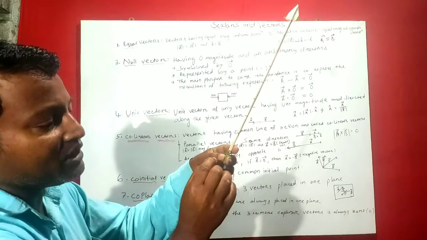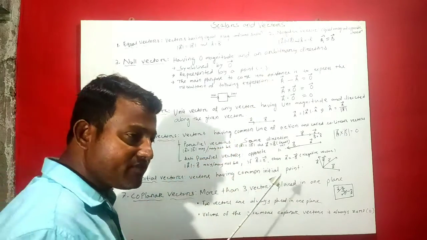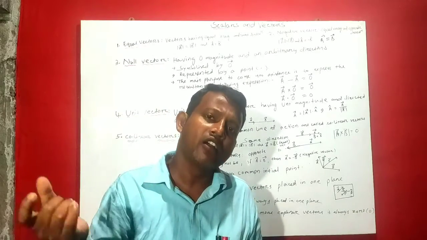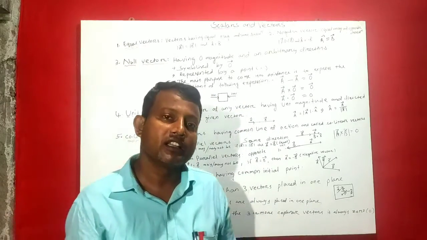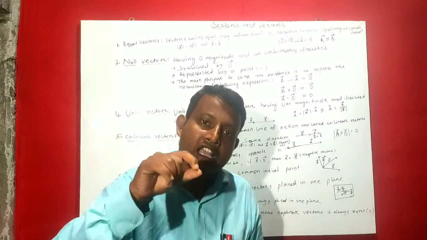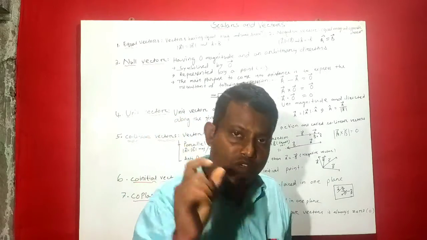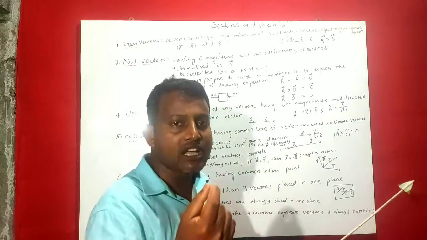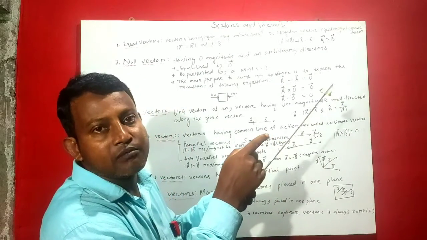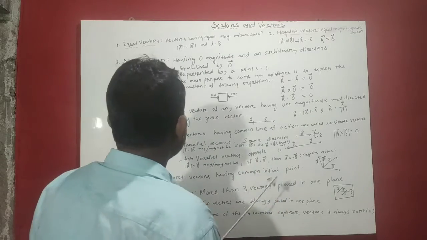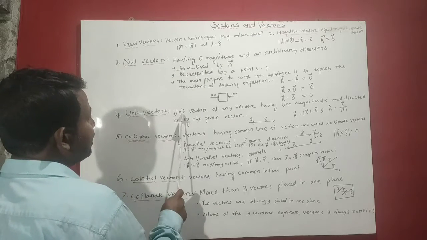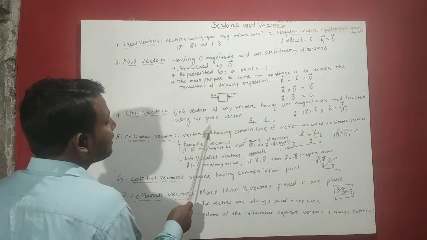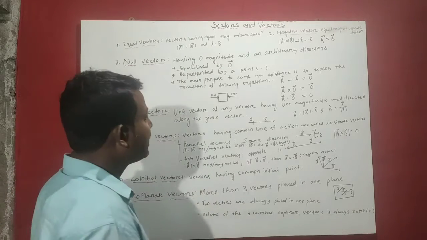That means the definition of a unit vector is: a vector having unit magnitude and directed along the given vector is called the unit vector.